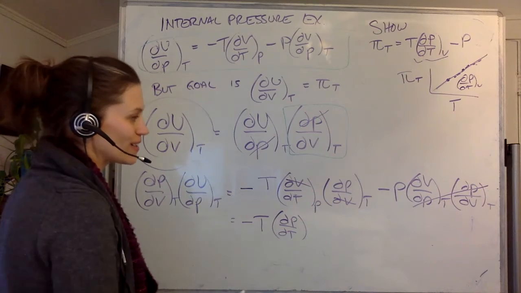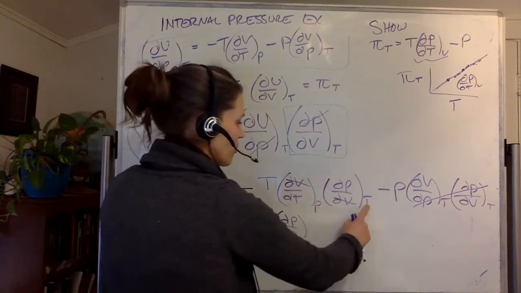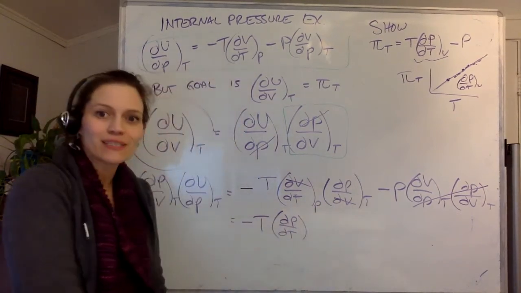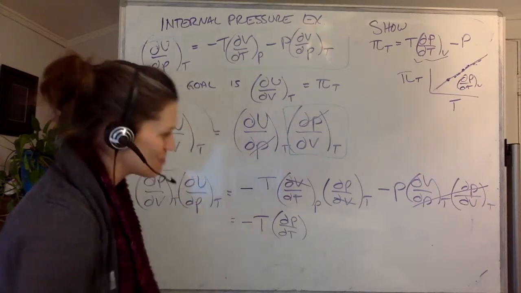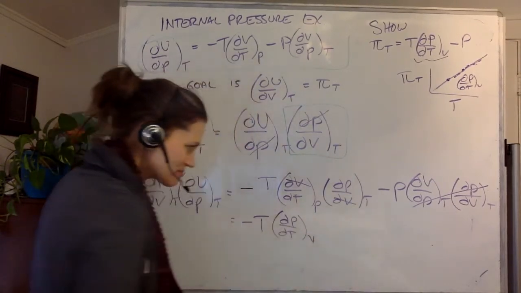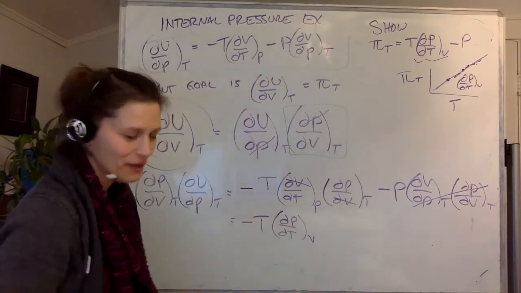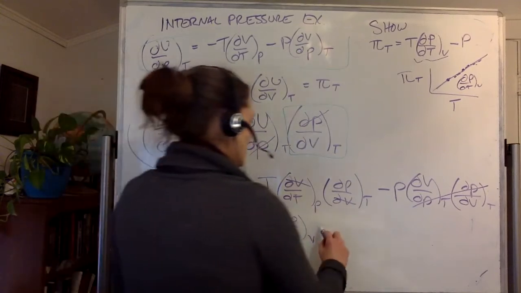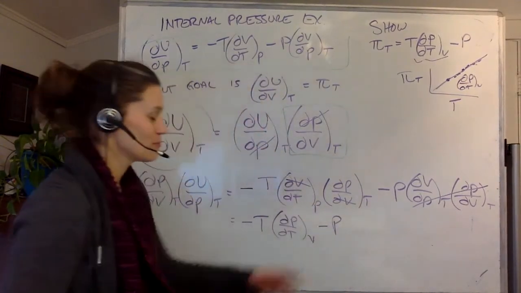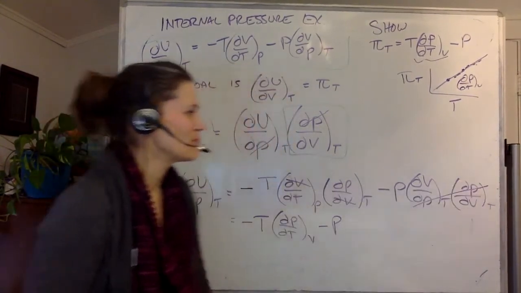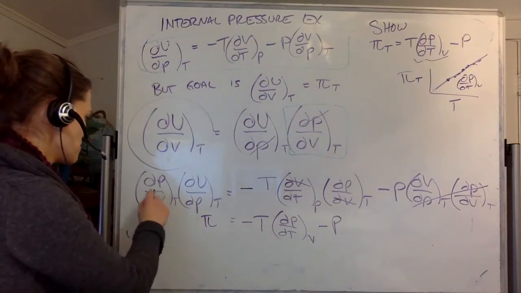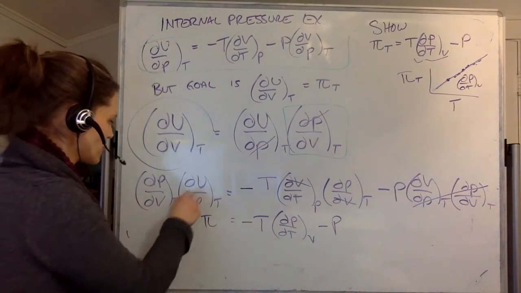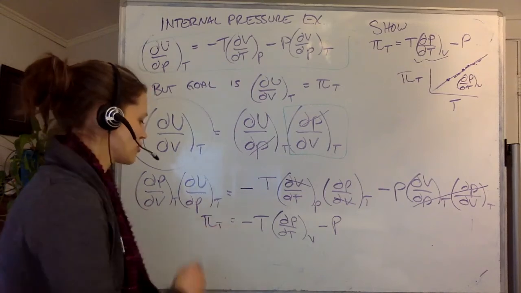How does that work? Partial P, partial T. Maybe it's not as simple as them canceling out. Well, I can tell you that the Euler relation is going to make this constant volume, which is kind of nice. So go double check that. So then subtracting P times 1, likewise, the P's cancel and you're left with partial U, partial V, which is the internal pressure.